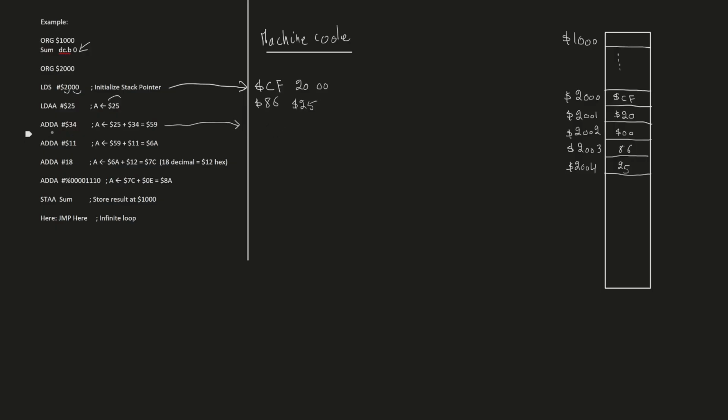It says add 34 to accumulator A. Let's get the machine code first, and then later in this column, we can obtain the value of what's inside accumulator A after each instruction, how it updates. But for now, let's stick to the machine code first. So let's go to ADDA, and then we see the hashtag. It's in immediate addressing mode, and let's get the machine code for it.